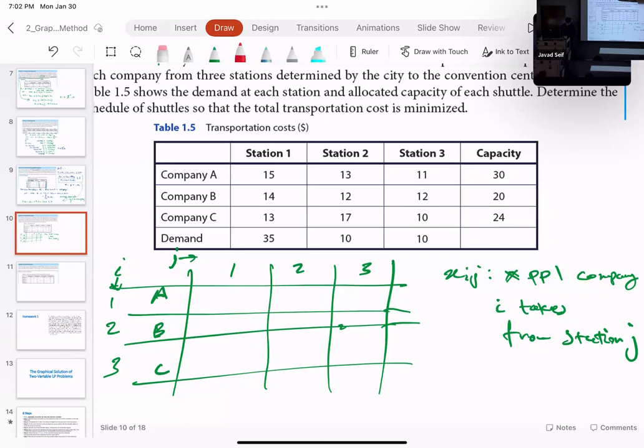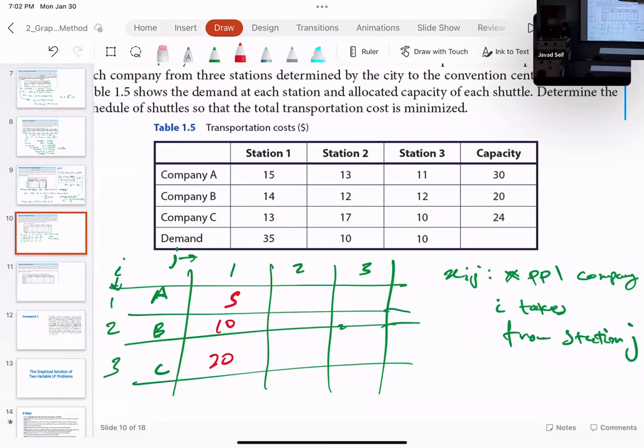Let me just fill it out with a solution. Let's say I need 30, I have 35 people here. 20 go here, 10 go here, 5 here. So I've satisfied 35, and I haven't gone over the capacity.